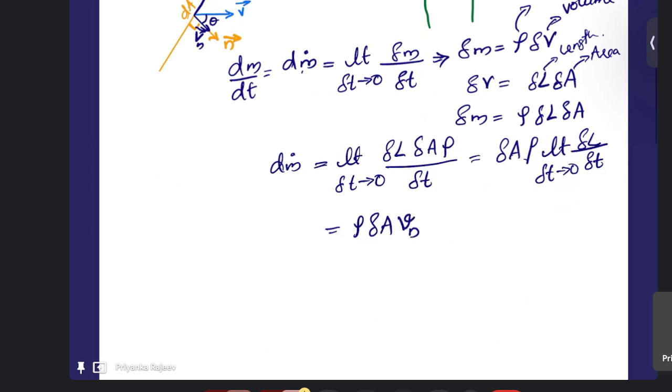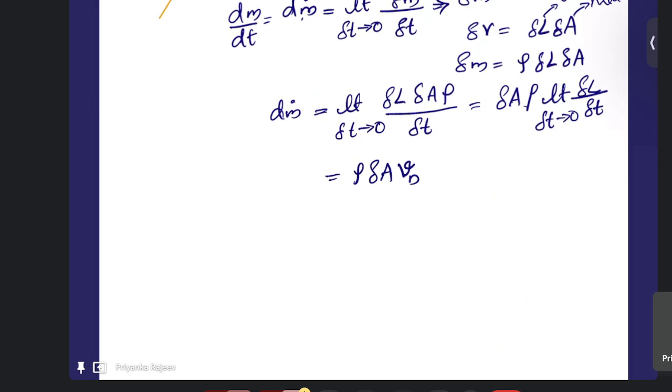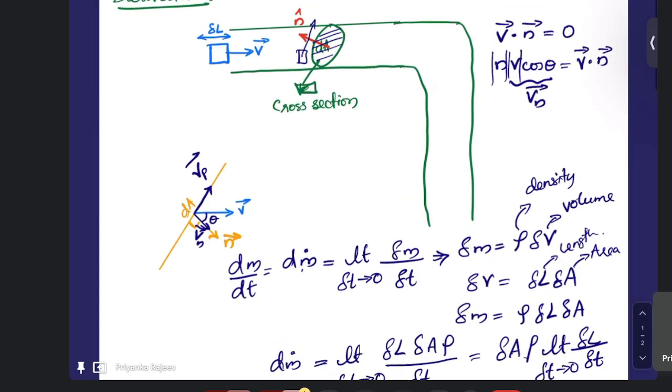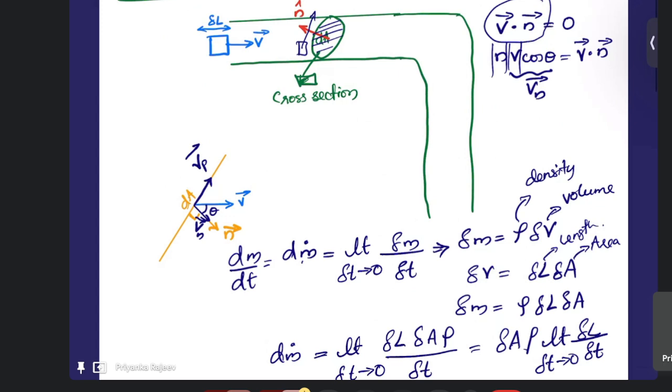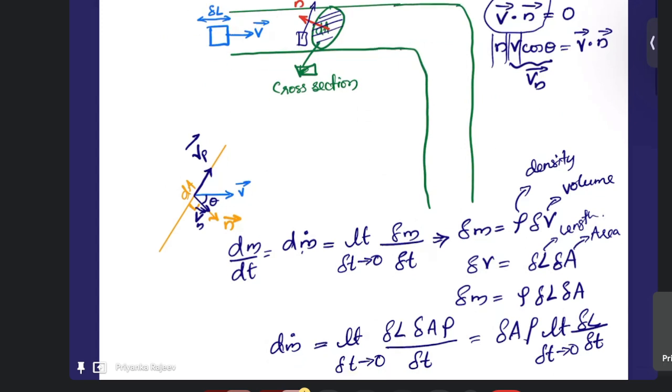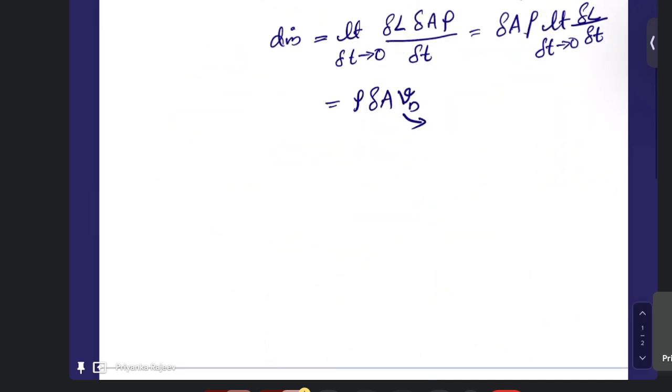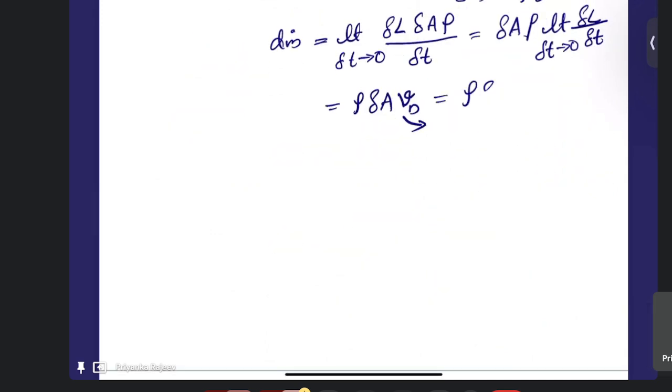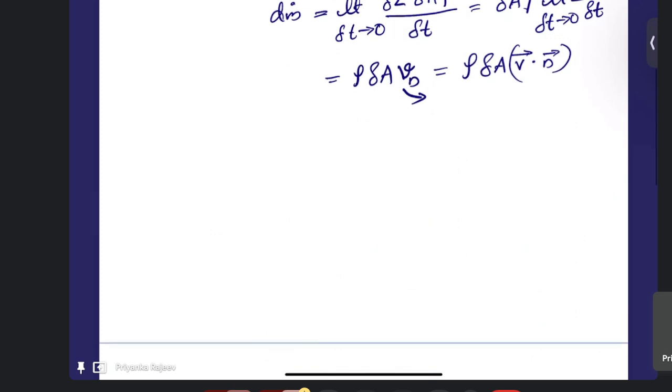In vector form, this Vn, as I told you earlier, can be shown in vector form. So you can write it as rho delta A V dot n. This is how we describe m dot, the rate of mass flow.